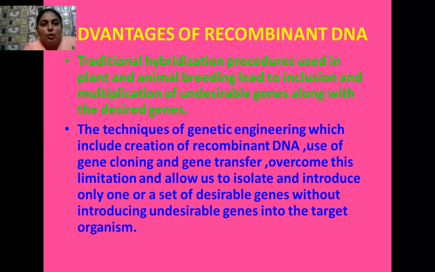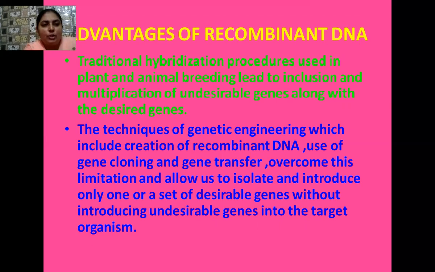So to overcome this, a new branch of biotechnology known as genetic engineering came into existence. The techniques of genetic engineering include creation of a recombinant DNA. We produce a new kind of DNA by inserting some foreign DNA segment into a vector, and that is known as the recombinant DNA.